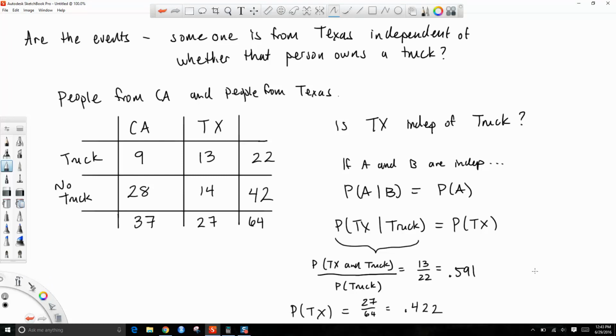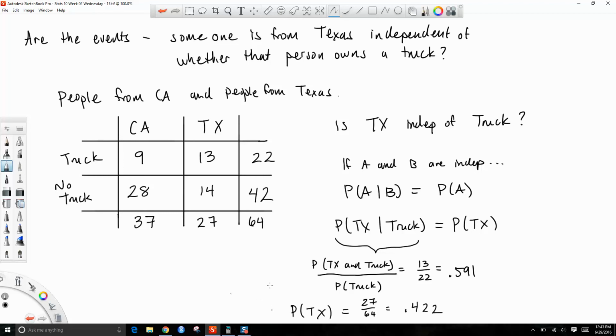Okay. And so the probability that someone picked at random is from Texas is only 42%. As soon as we know someone owns a truck, the probability that this person's from Texas jumps up to about 59%. Okay?